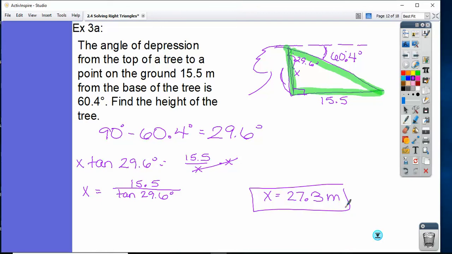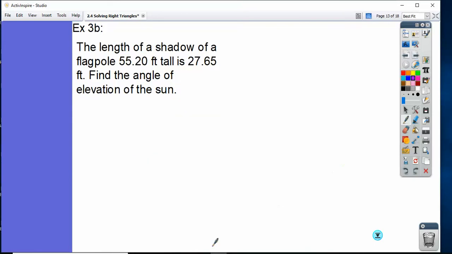Alright. Question? I'm going to give you one more. I want you to try to draw a picture and see if you can set this up for me.